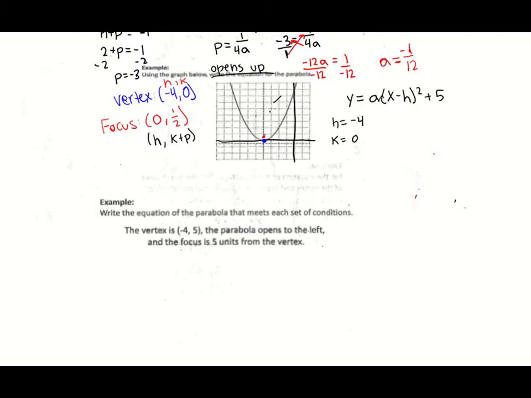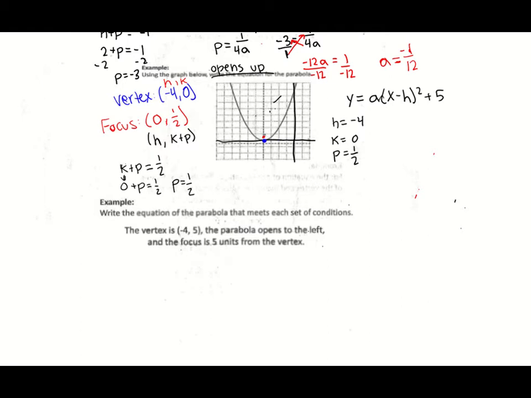So I know k plus p equals 1/2. My k is 0, so if I plug in a 0 right here, 0 plus p equals 1/2, I get my p value is 1/2.